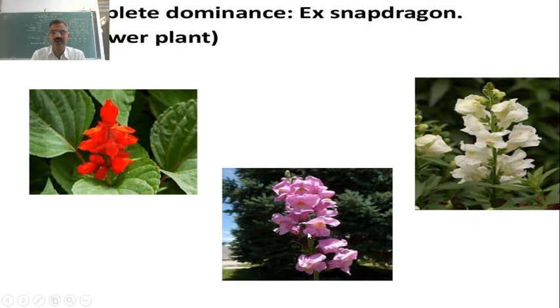You see the plant and also the flower, and the type of leaves which are present here. This is the example, snapdragon. A very important example from the point of view of examination also. This is in the F1.